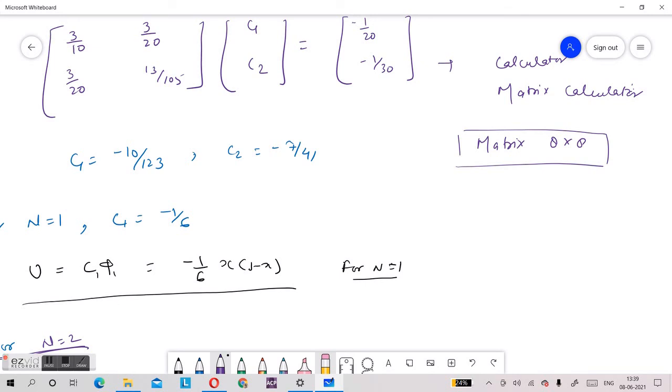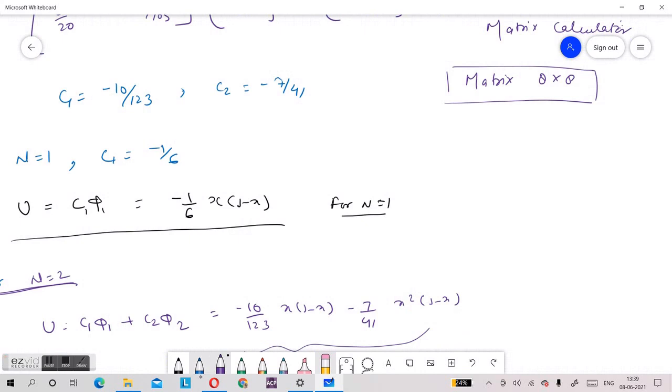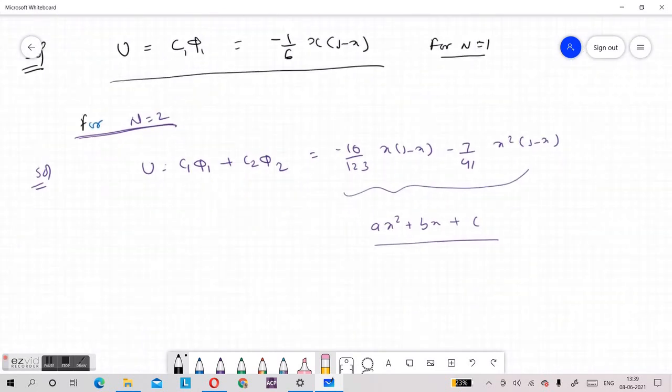Then what I like most is MATLAB software, maybe you have heard about MATLAB. I found it very convenient to solve such big matrices. Okay, so this is our solution for n equals 2.